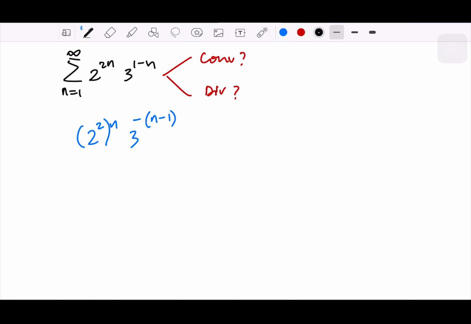Okay, and then I think we can write this in terms of 4 with power of n, and I will bring 3 to the power n minus 1 to the bottom. And then I would like to take this into the side.